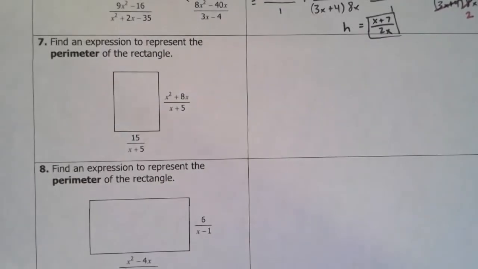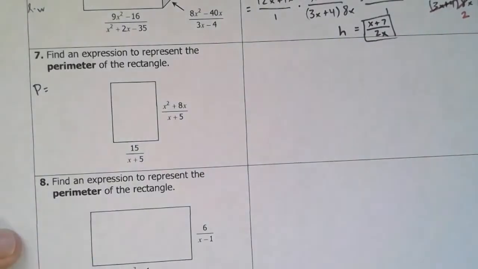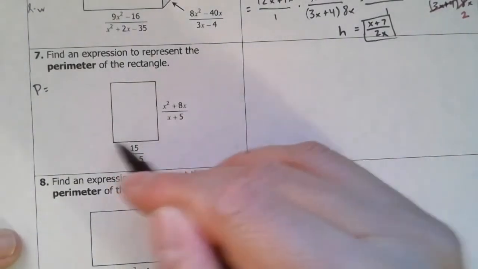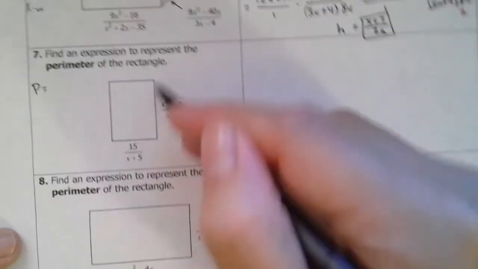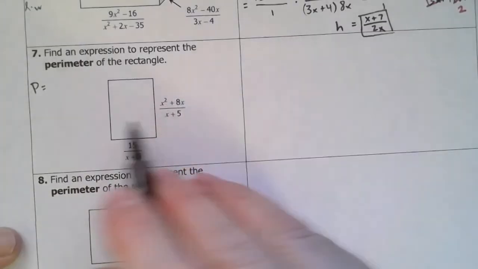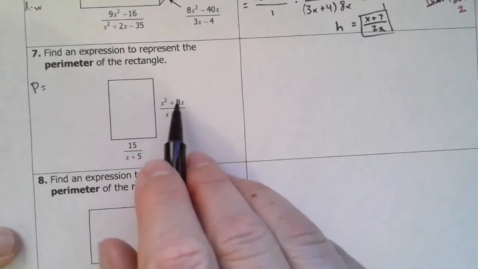Next one, number 7, says find an expression that represents the perimeter of the rectangle. So this one, let's see, few approaches you could take, right? The perimeter here is you have the width, the length, right, and it's a rectangle, so both sides here are equal, and then these two sides are equal.